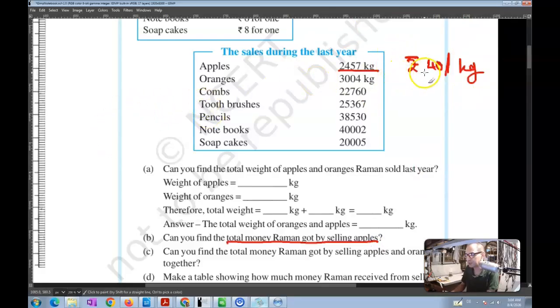To find that, again you can use proportions, or you can still use your logic to find the answer. Meaning that you could argue that the unit price for apples is 40 rupees per kilogram.